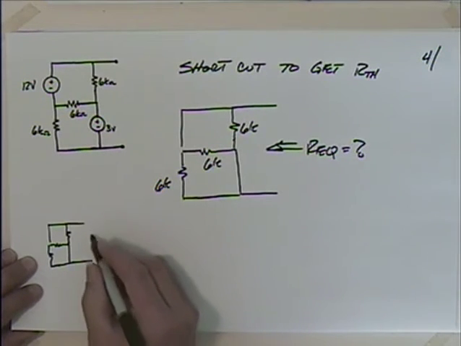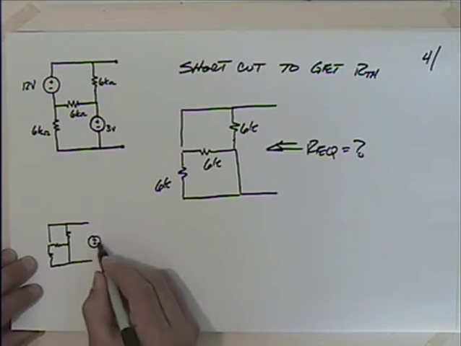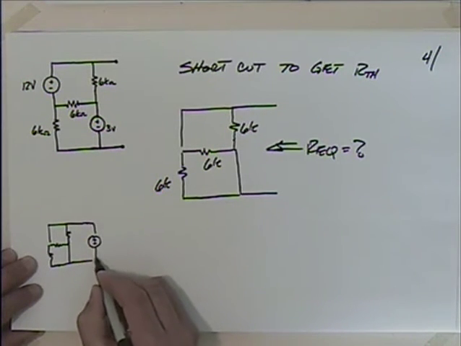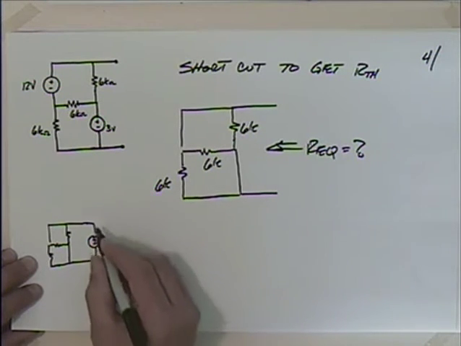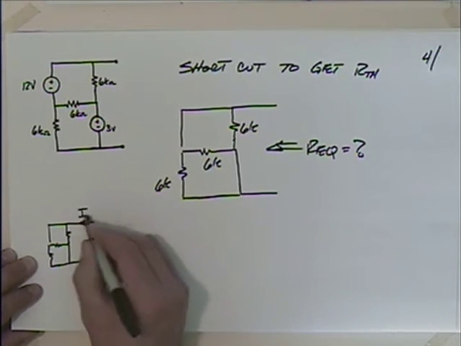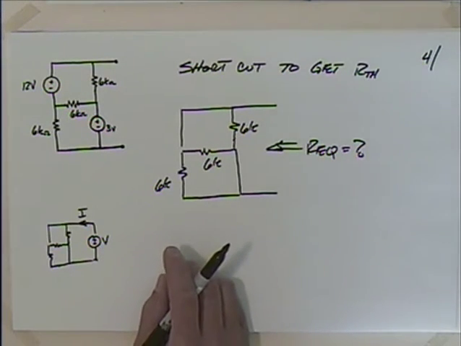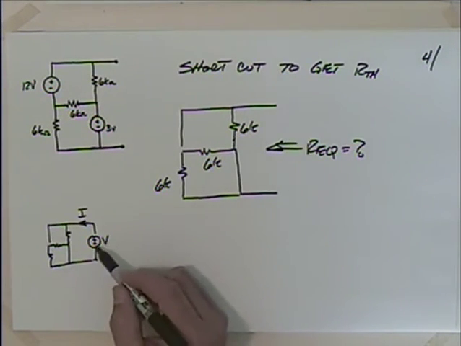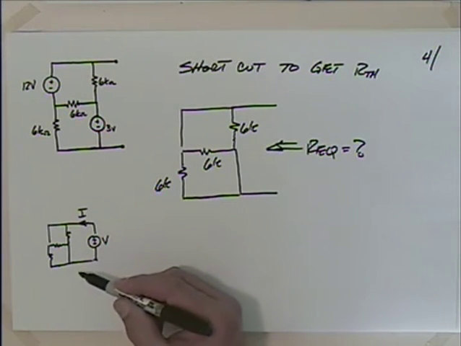We essentially take the ohm meter, and what does that ohm meter do? It puts a small voltage across here, and with that voltage it figures out what current is going through there, or vice versa, puts a current in here and finds the voltage across it, and then that ratio is the resistance.